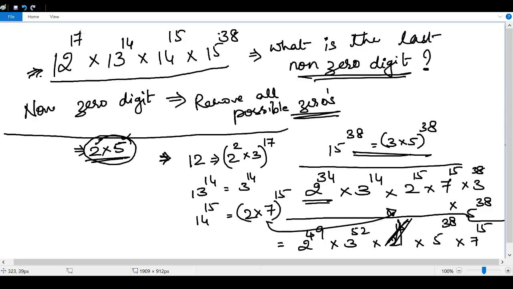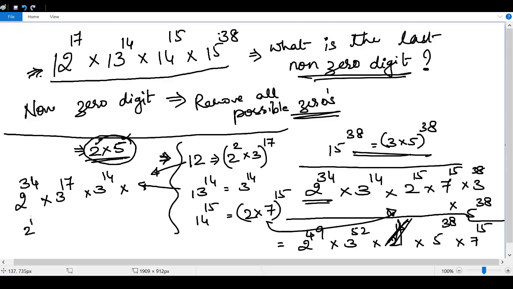Oh, what am I doing? I missed out, sorry guys. I forgot one, so I'm going to retrace here. I'm saying 2 power 34 into 3 power 17, that comes from here, into 3 power 14, that comes from here, into 2 power 15, into 7 power 15, into 3 power 38, into 5 power 38.